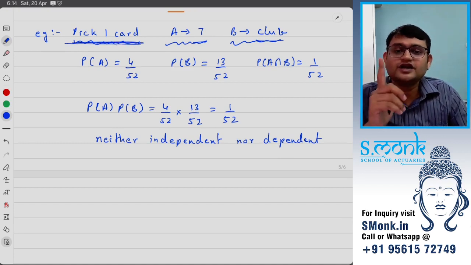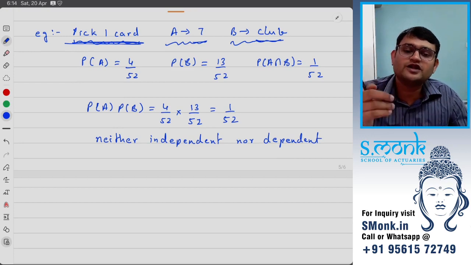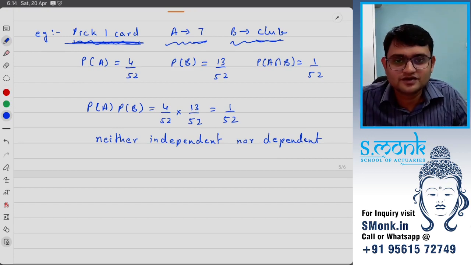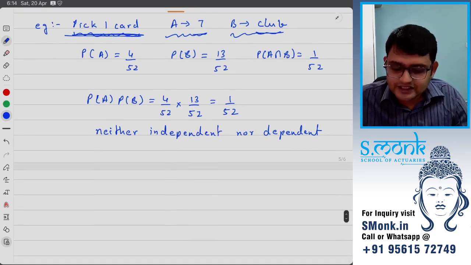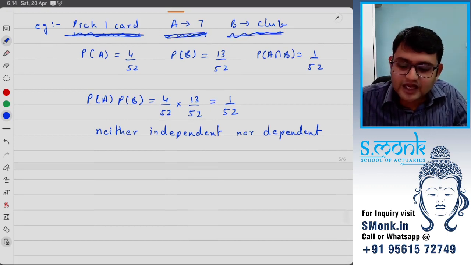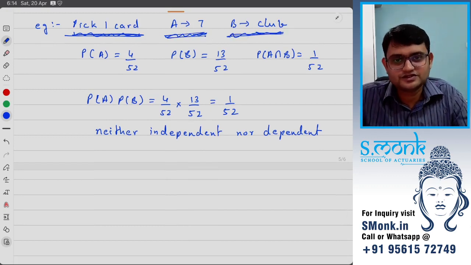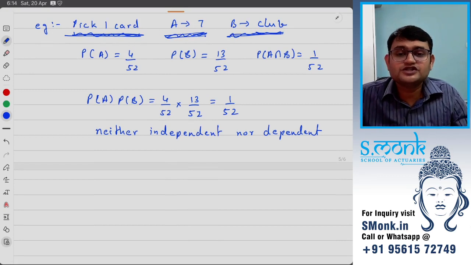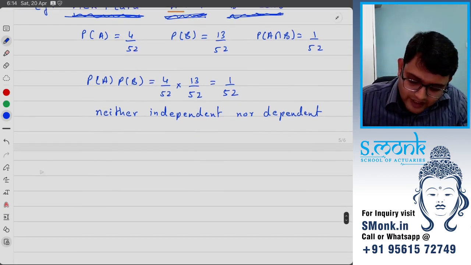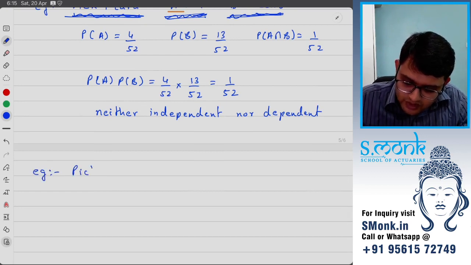A single event cannot be dependent or independent on itself, right? A and B are nothing but outcomes of a single event. If I want to see whether picking a 7 and picking a club are dependent or independent, I need two cards. I'll now say pick two cards.